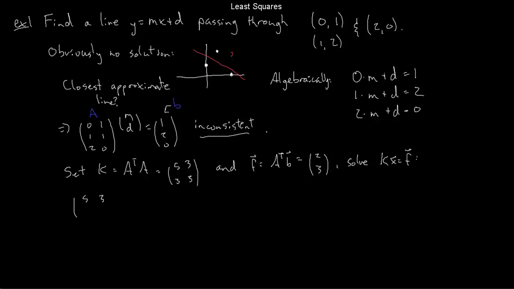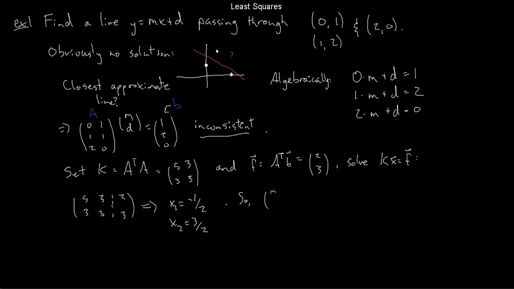To do that, you're really, again, just using Gaussian elimination. You just adjoin this column (2, 3) to the matrix K, and row reduce it, and you're going to find that x1 is minus a half, and x2 is 3 halves.